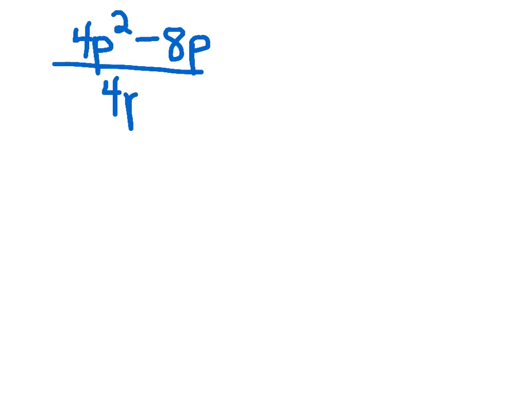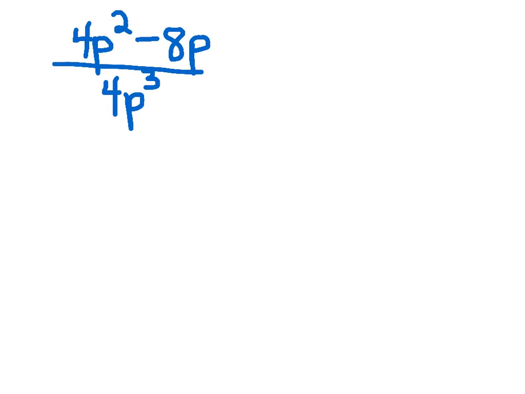Okay, what if the denominator is, let's try this one. Let's say 4p squared minus 8p, and that's over 4p to the third.